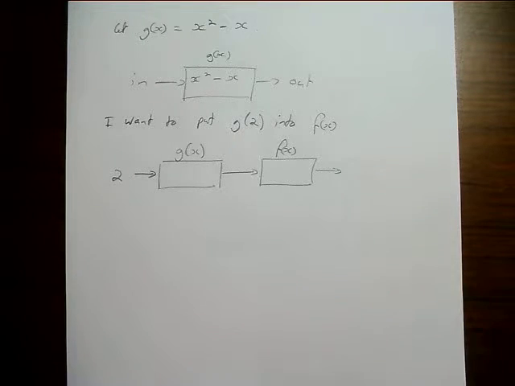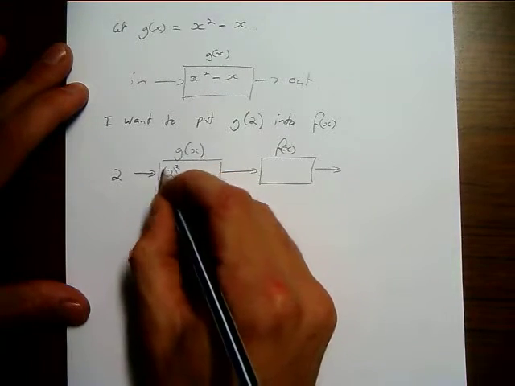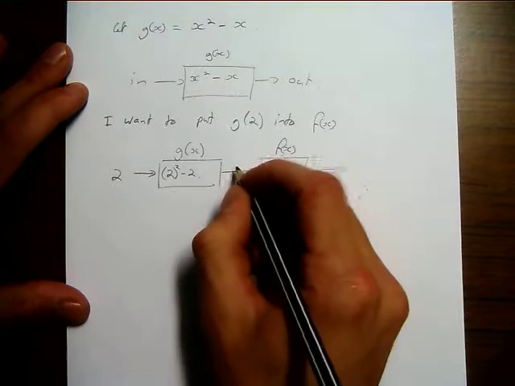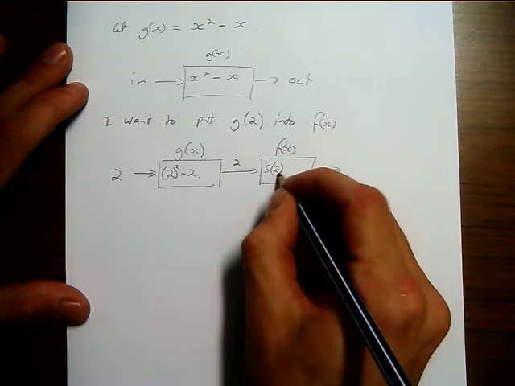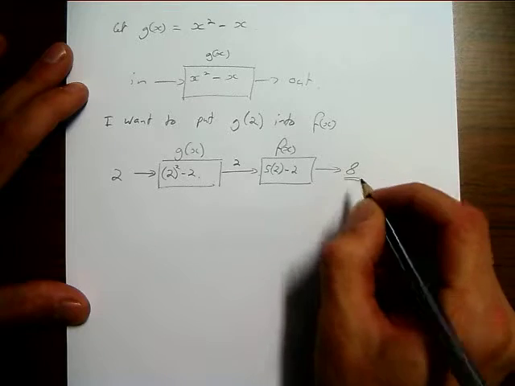Am I going to be able to do that? Let's give it a go. It would be 2 squared, take 2, which is 2. And then I'm putting 2 into this, so it's 5 times 2, take 2, which is 8. So my output is 8.